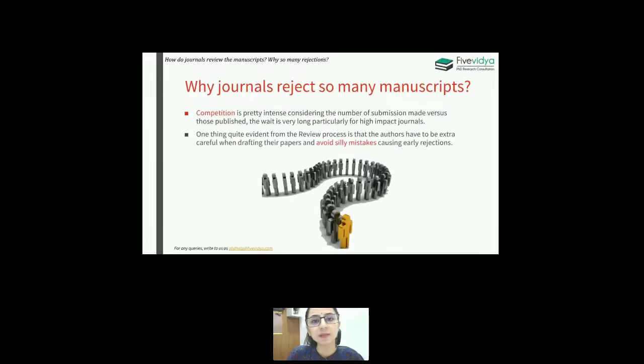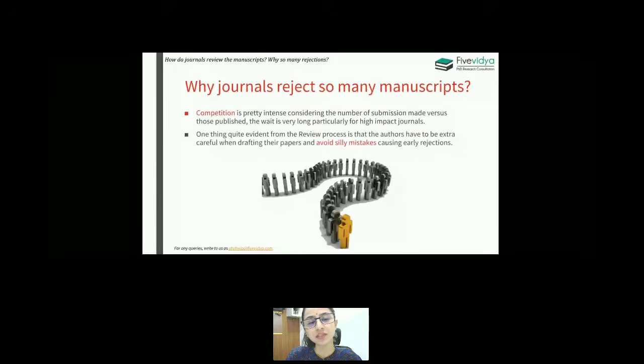Next point which we will be discussing is, why do journals reject so many manuscripts? Basically, what is the reason behind so many rejections and such rigorous screening by the reviewers? Here I would like to add that, as we have already discussed in the beginning of the presentation, competition is pretty intense, and the number of submissions is very huge as compared to the number of publications.